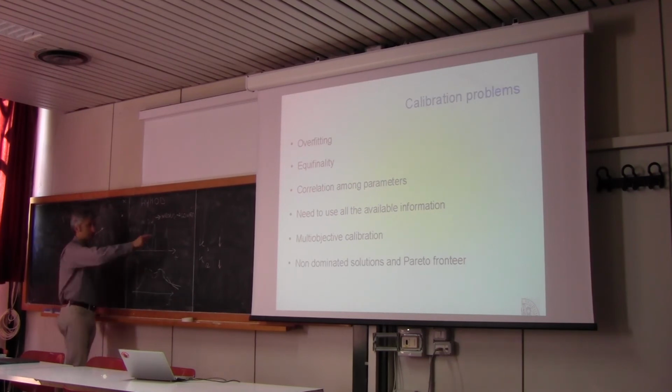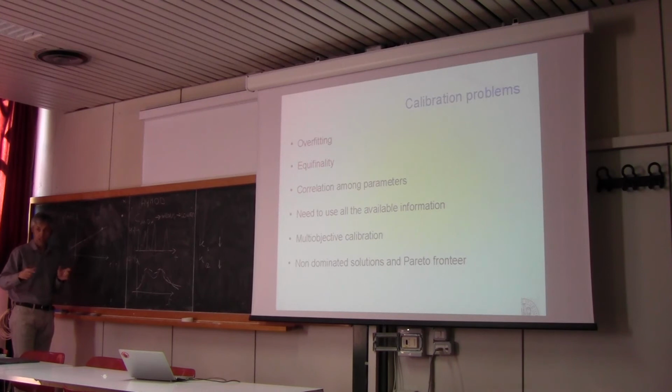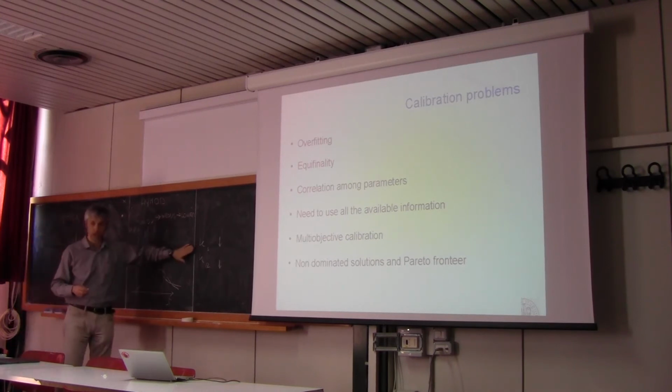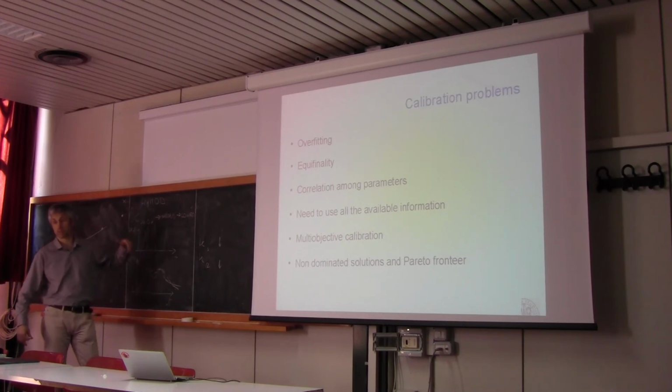So you compensate the lower storage in the catchment with a higher storage in the two reservoirs. And this means that these parameters, Cmax and the two k's, are related to each other. So if you decrease Cmax, you also decrease the two k's. This is correlation among parameters.